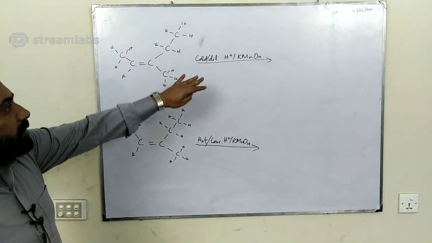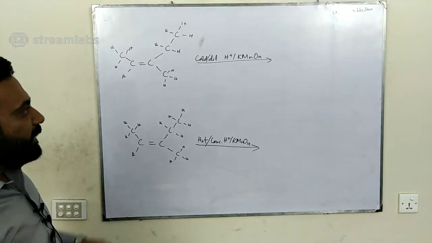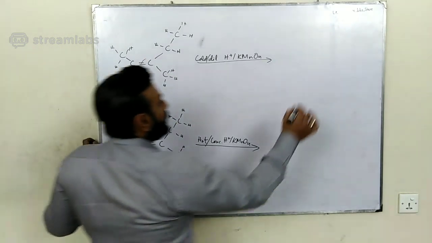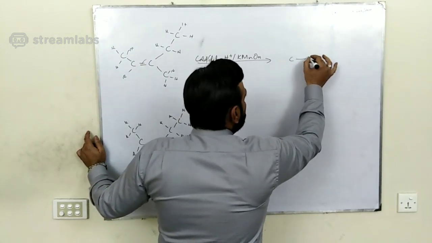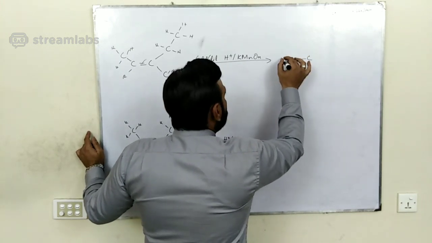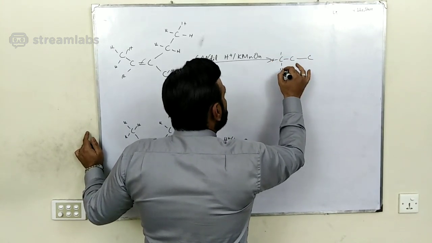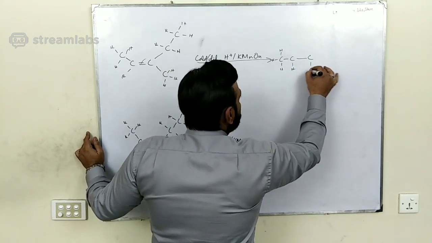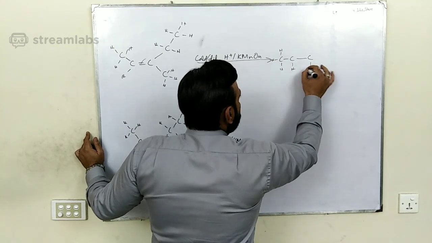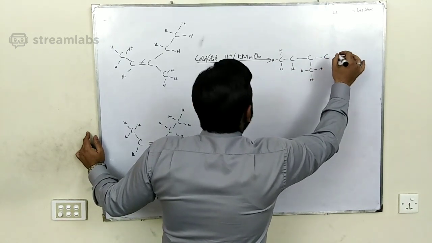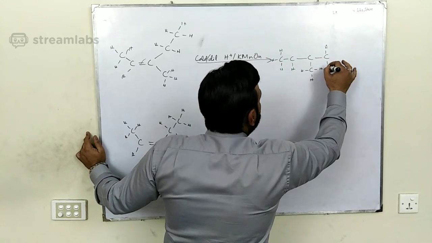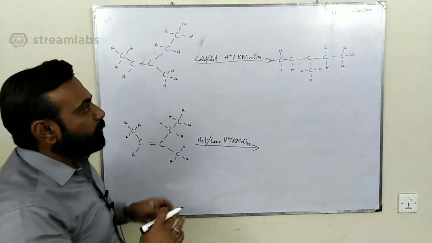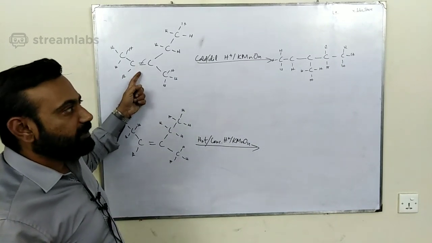Now when we are using cold dilute acidified potassium manganate, this would be a partial oxidation and one of the bonds would be broken. The remaining molecule, let us write down the remaining molecule first. This is the part of the molecule which remains after one of these bonds is broken.